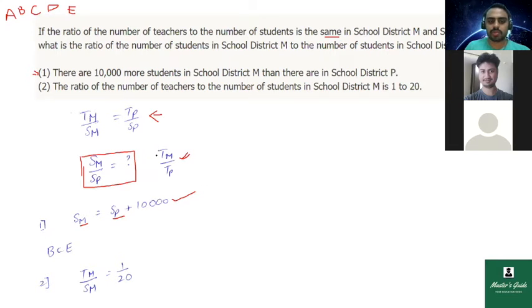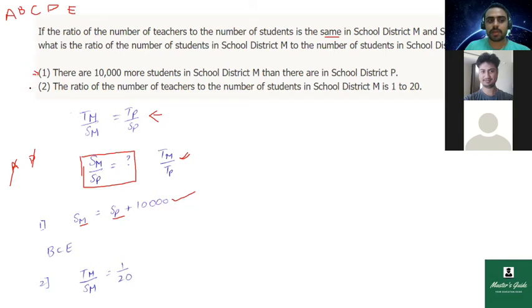I should get a unique value, only then is my statement sufficient. Since statement A is insufficient, A and D are not going to be my answer choices. So B, C, and E are my potential answer choices now.